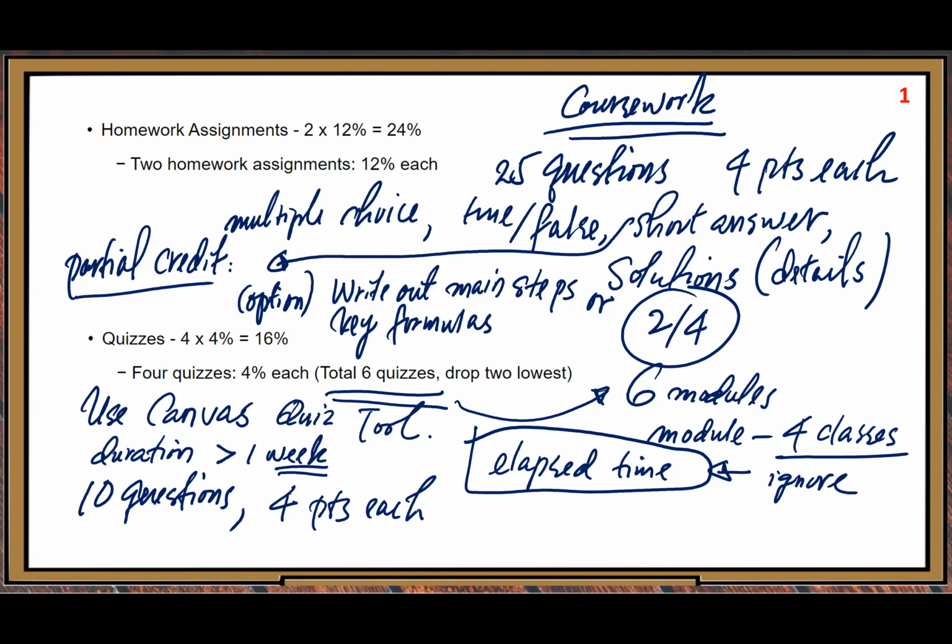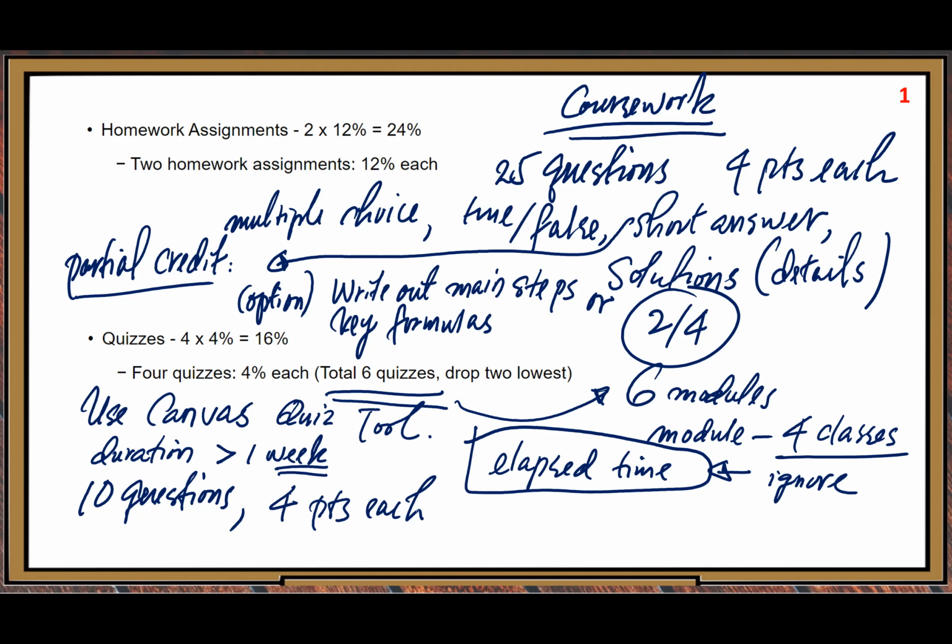The reason is the Canvas quiz tool cannot do the grading on complicated answers. It can only do grading for simple answer types. So for the first 3, I will enter the correct answers. Canvas will use my answers to compare with your answers, and then do the grading. So after you submit a quiz, you can see your score immediately.